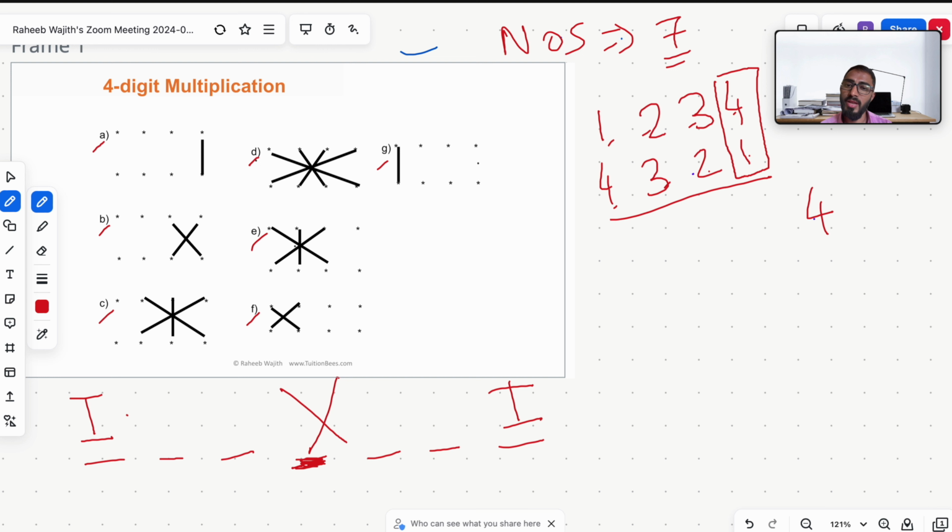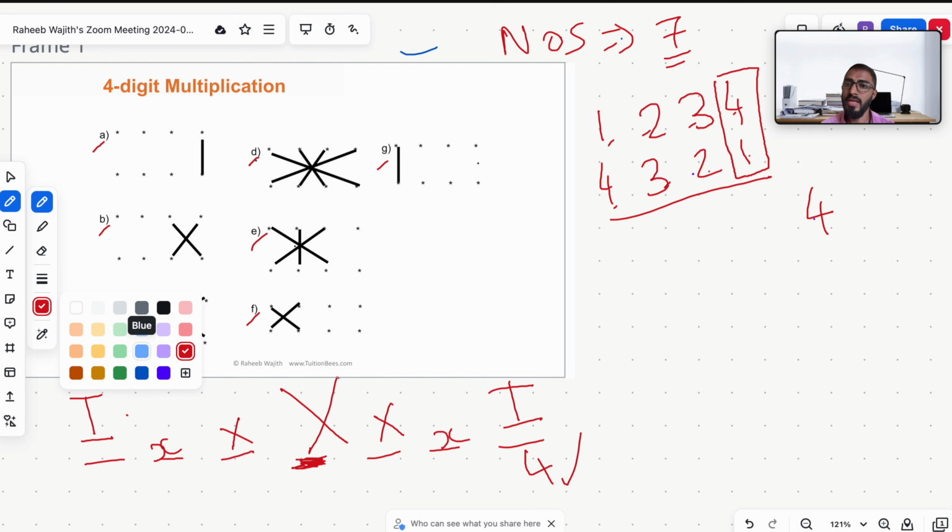It will be the big capital X followed by medium X, and then small x over here and small x over here. That means 4 into 1 is 4. Now the small x, this is 4. The answer is over.